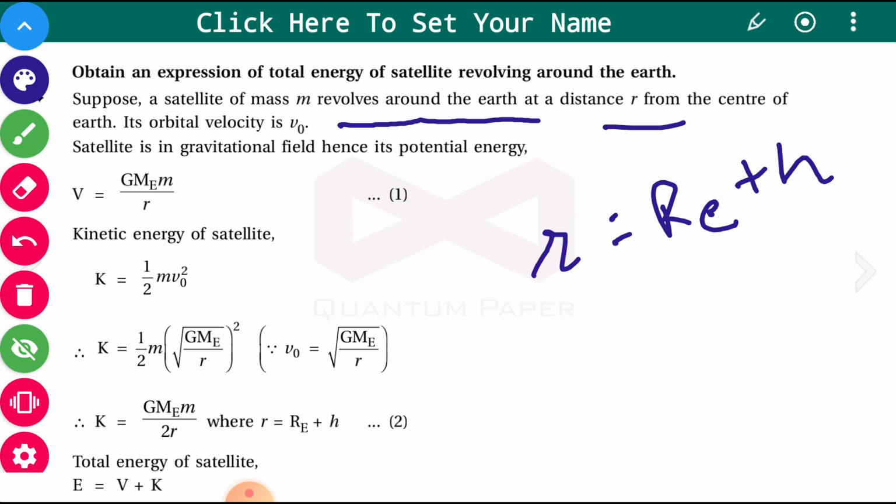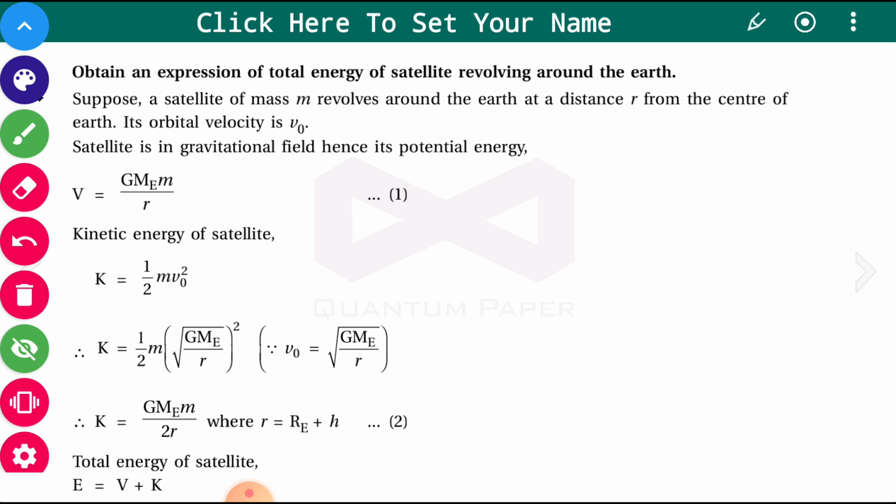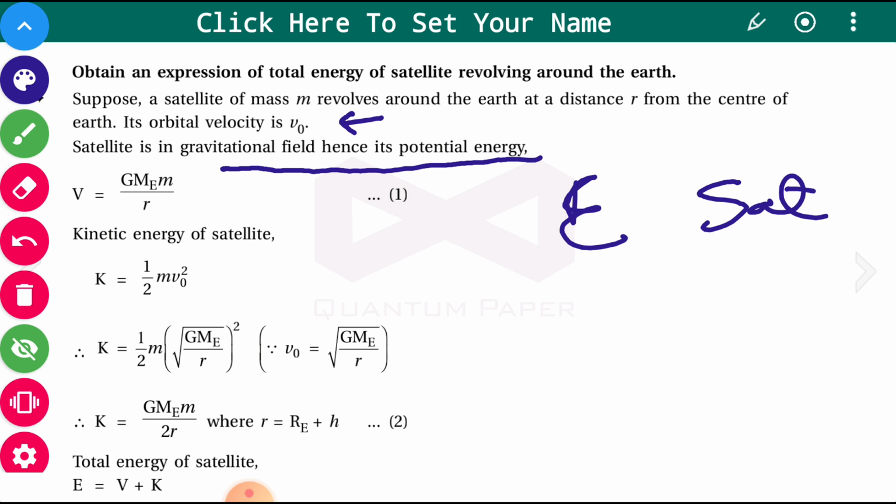The orbital velocity is VO. Now see, the gravitational potential energy of the system of earth and satellite, the masses of earth and satellite being Me and m respectively.